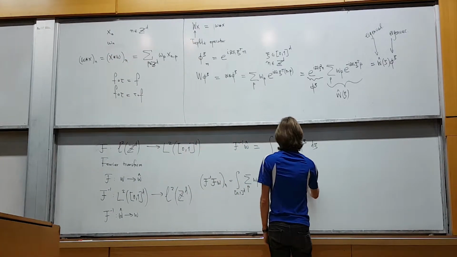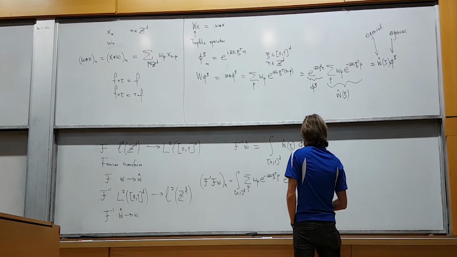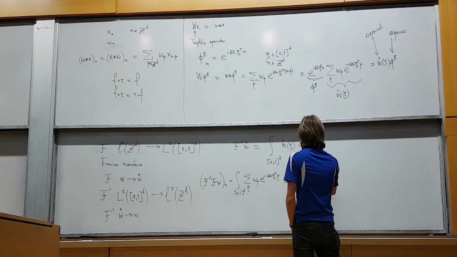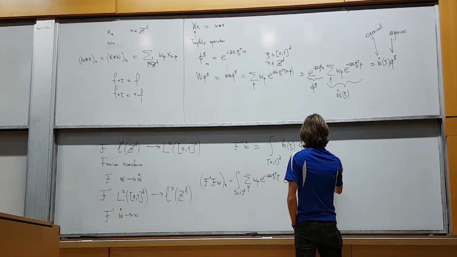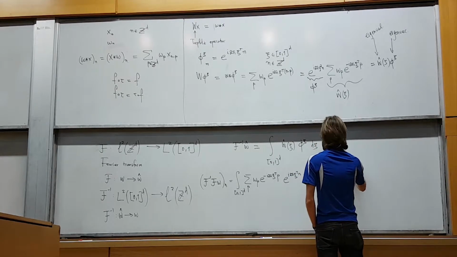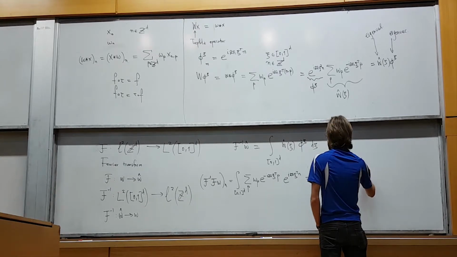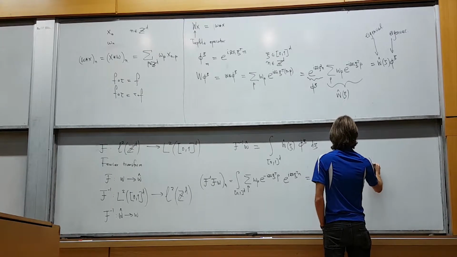Okay, so basically what we have here is, let's switch the order of sum and integration. We have the sum over p of w_p, integral over [0,1]^d, e to the power i 2π ψ transpose (n minus p).